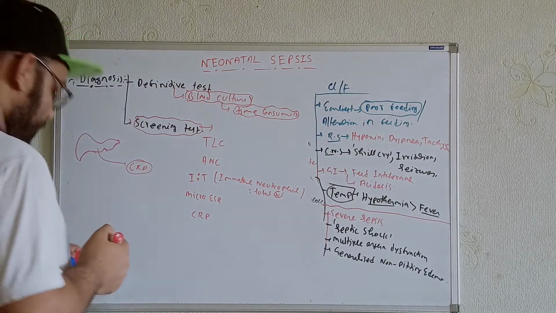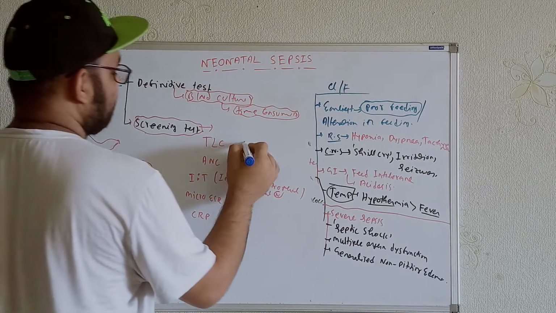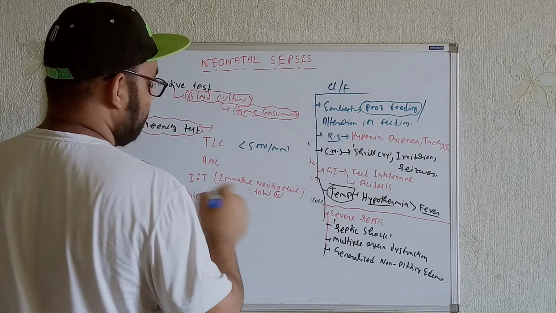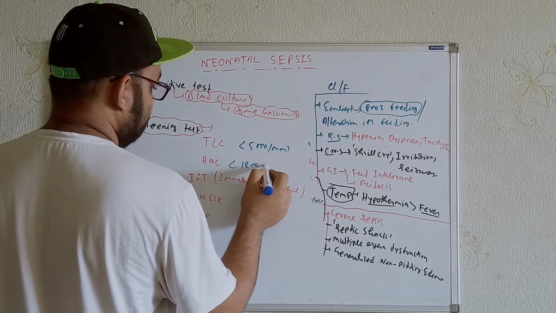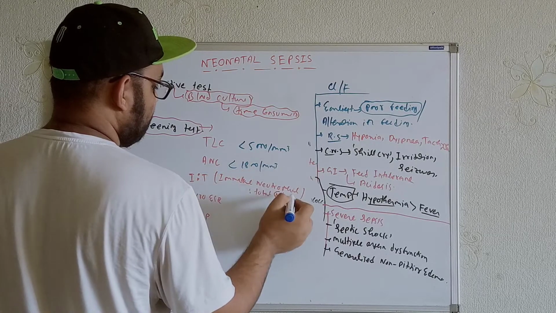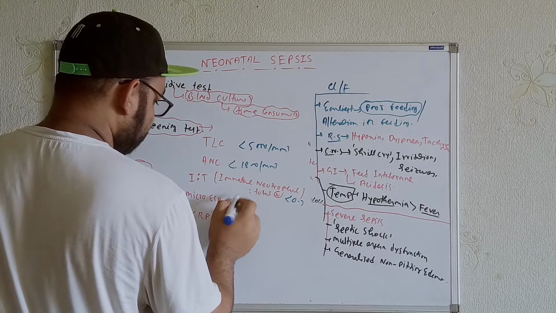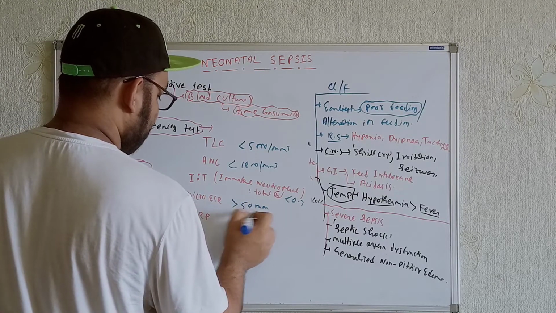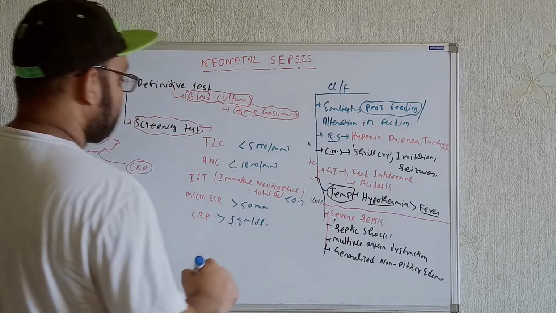Okay, now there are some definite values. For example, less than 5000 per cubic millimeter of blood, less than 1800, less than 0.3, and more than 50 mm for ESR. And C-reactive protein, if more than 1 gram per dl, then we can consider this type of problem.